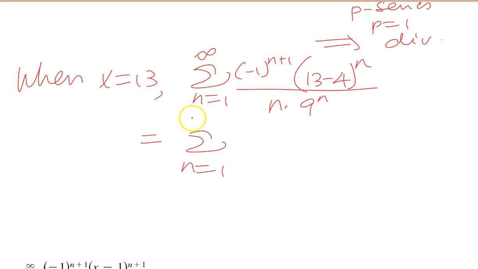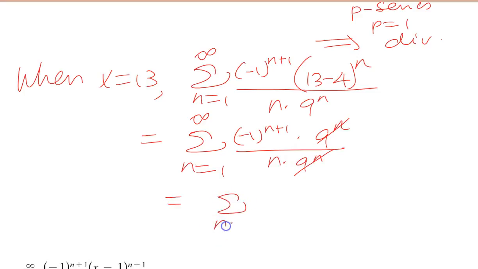And then simplify this. Negative 1 to the power n plus 1, 13 minus 4, 9 to the n, over n times 9 to the n. The 9 to the n's cancel. So when x is 13, guys, your power series turns into, what is this series called? It turns into an alternating series.